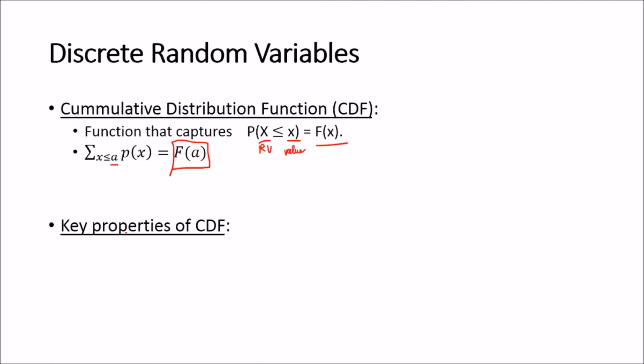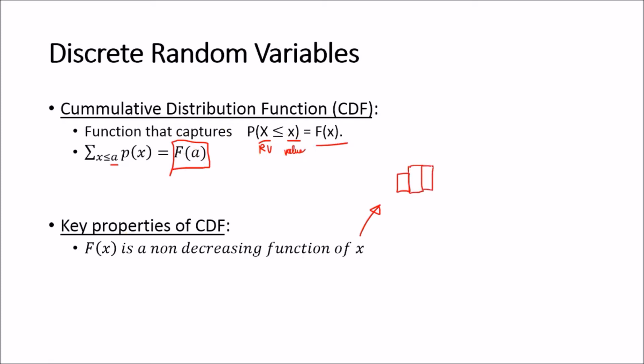Okay, so the important properties of the cumulative distribution function is that it is a non-decreasing function of x. Well, why is it non-decreasing? Because we're adding probabilities. It's like taking a chunk of probability, adding another chunk of probability to it. Maybe we don't have any other probability, but we keep adding and we keep adding.